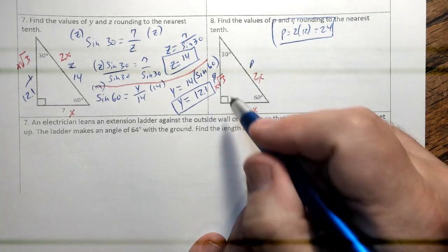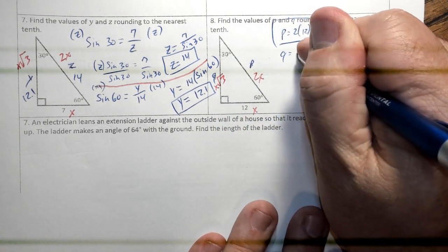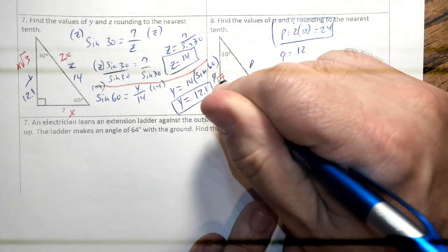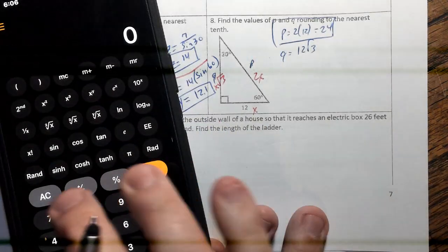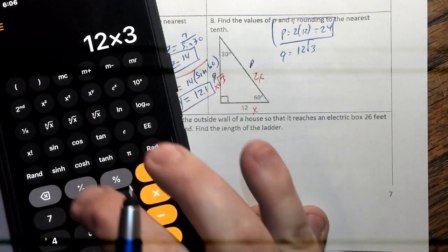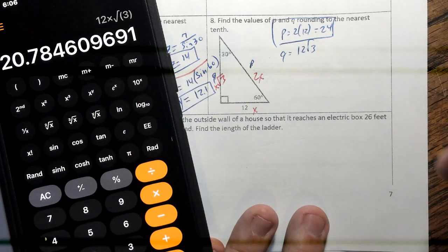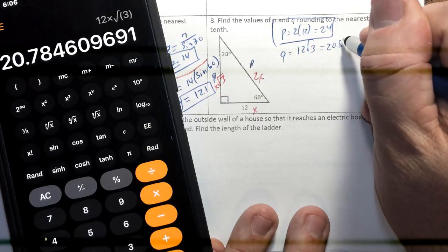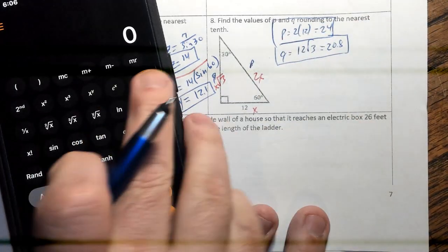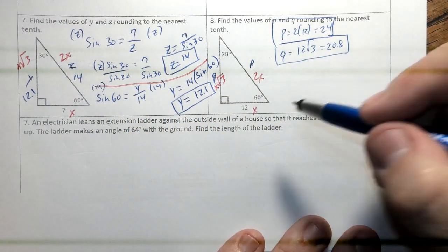And then Q is going to be this side times the square root of 3, or 12 times the square root of 3, which is 20.78. We'll say 20.8. Okay. Now let's do it the other way.